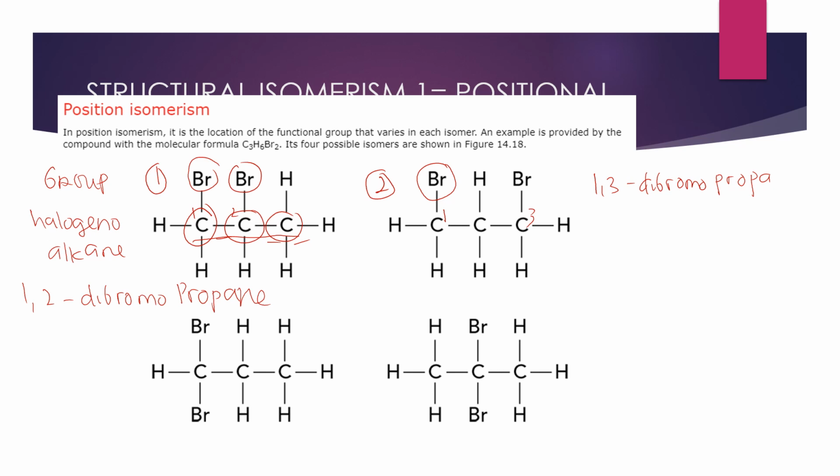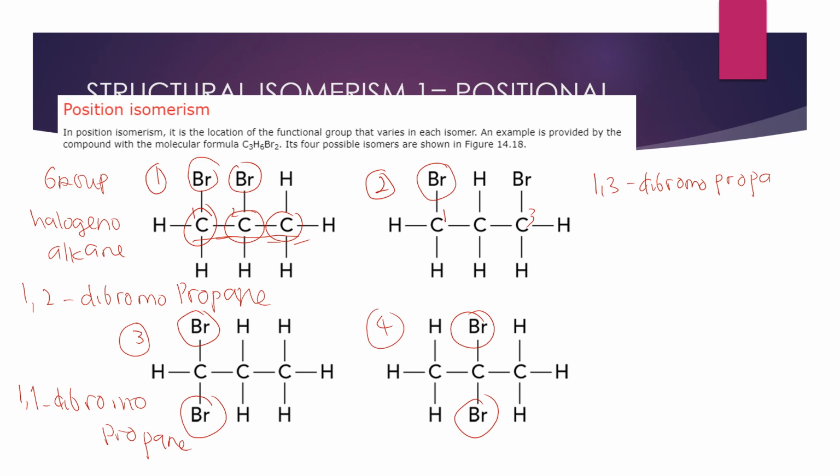For substance number 3, we have both bromines at number 1. So the name is 1,1-dibromopropane. And the last, number 4, both in number 2. So the name is 2,2-dibromopropane.